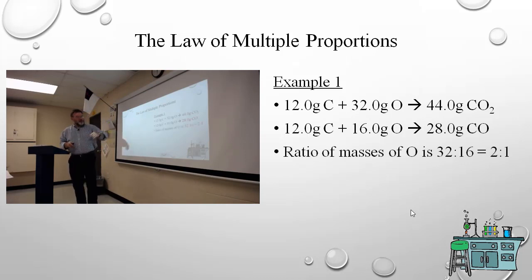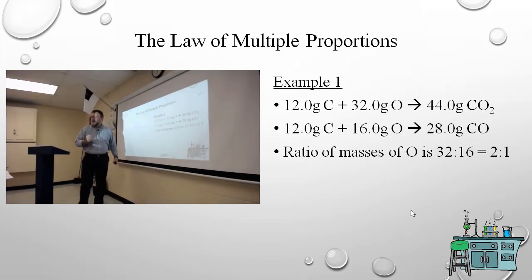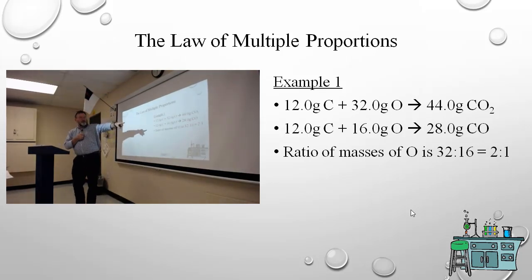Look at the masses of oxygen. Since the carbon amounts are the same, what's the ratio between 32 and 16? Well, it's 32 to 16, which reduces down to 2 to 1. It's a whole number ratio. It's not going to be 1.5 to 1. It's always going to be a whole number ratio.